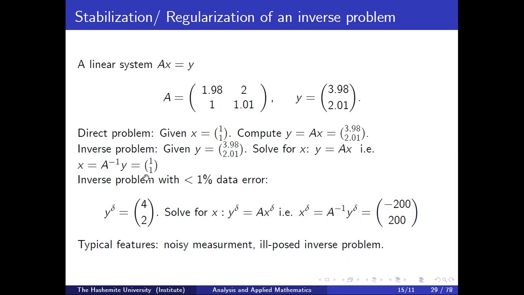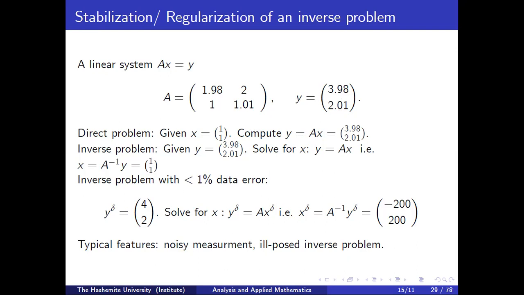Now look at this. Suppose that we have a noise error of less than 100%, which means that we don't have the exact value of Y, but a measured value of Y. Instead of 3.98, we measured 4, and instead of 2.1, we measured 2, because of errors in the measurements or the instruments, for example, which is a small error.